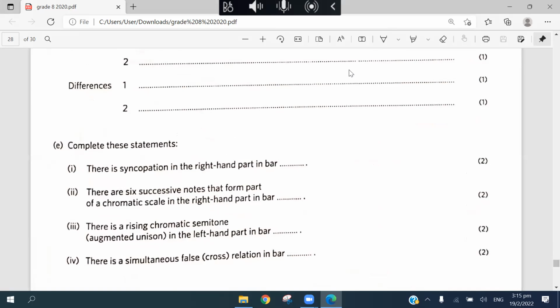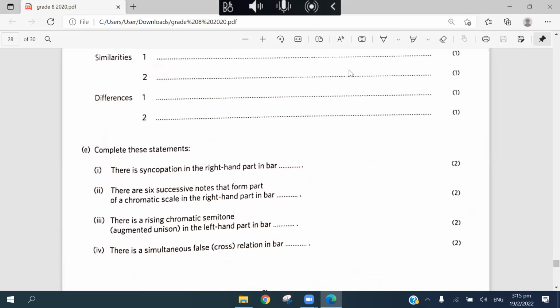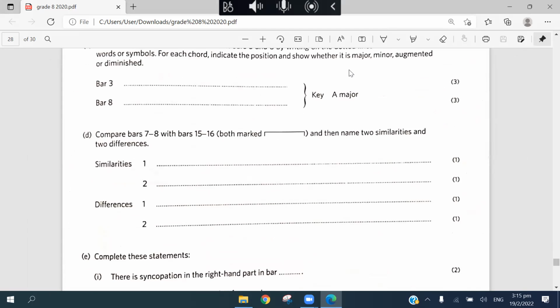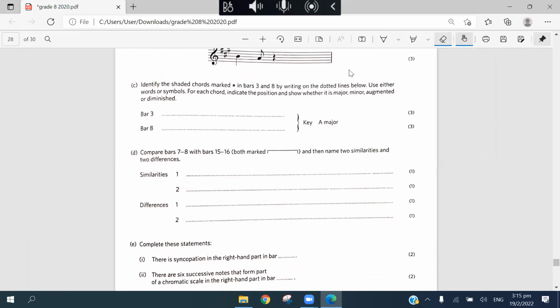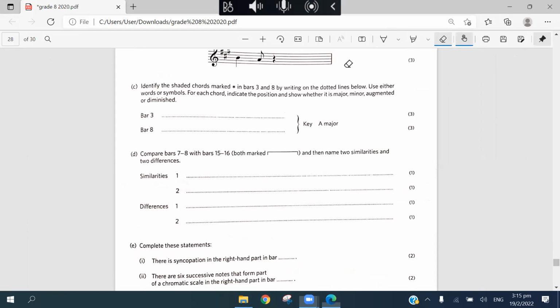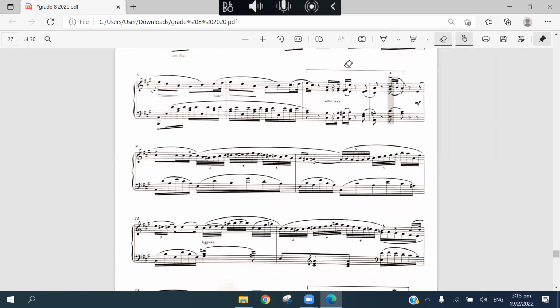There is a syncopation in the right hand part in bar what? Do you remember what is syncopation? Short, long, 是这种 rhythm 或者这种 rhythm，反正就是 short, long 啊。去找到告诉我哦。Bar 11, let's check it out. 11, yeah, this one, good.